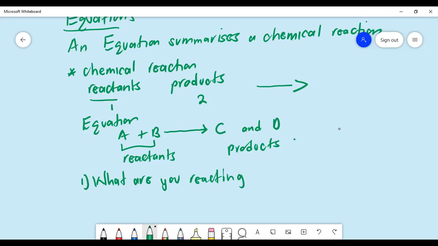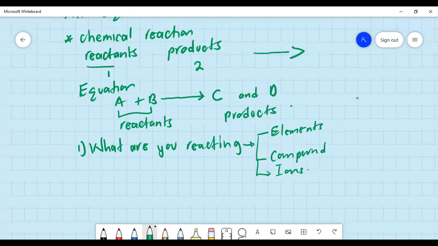In what we are reacting, are you looking at the elements that are reacting, or the compounds, or the ions? We can have ions specifically. We looked at that under ionic equations.